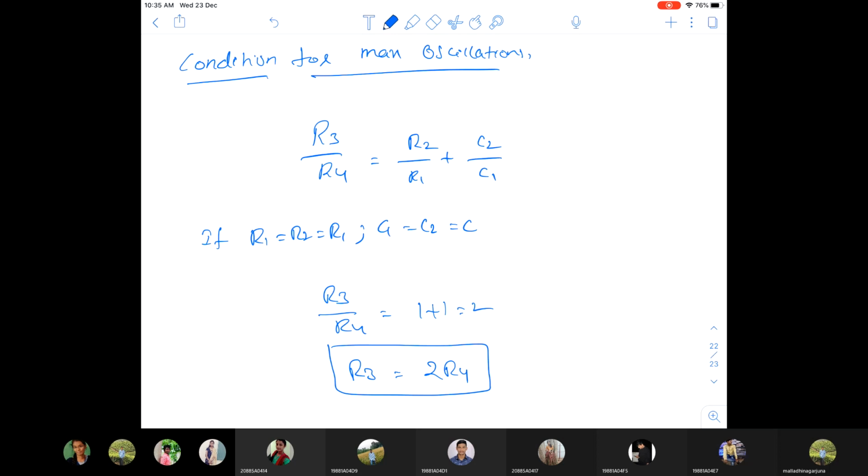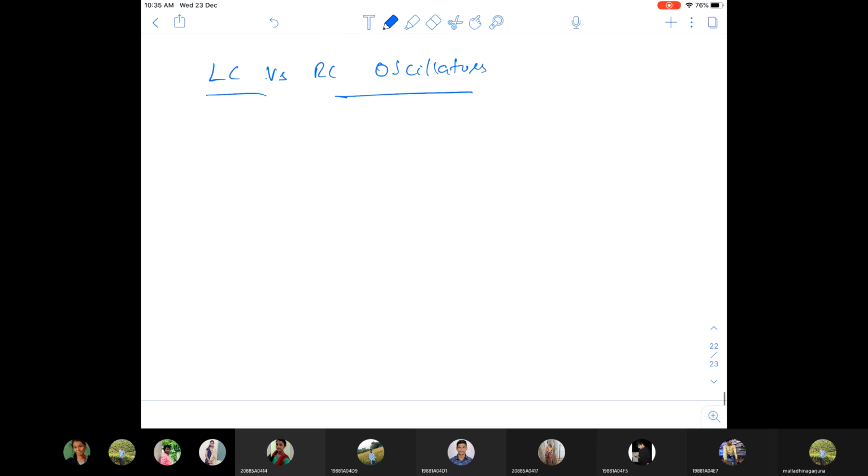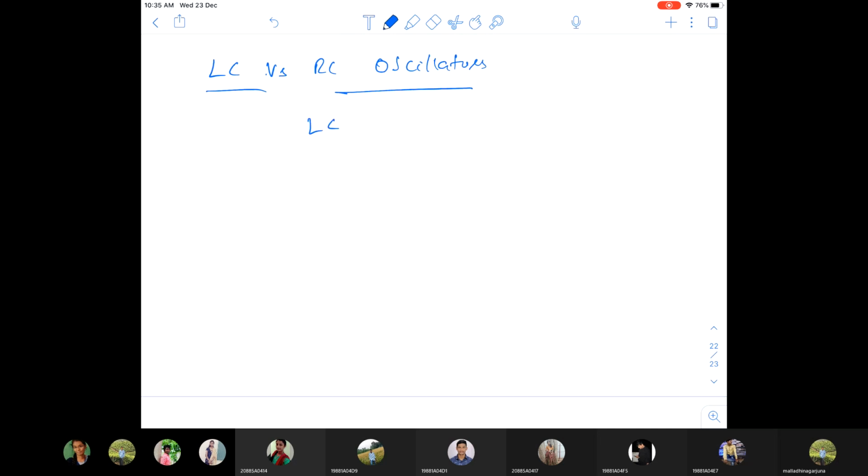Okay. Next, write the LC versus RC oscillators. Tell me the differences.